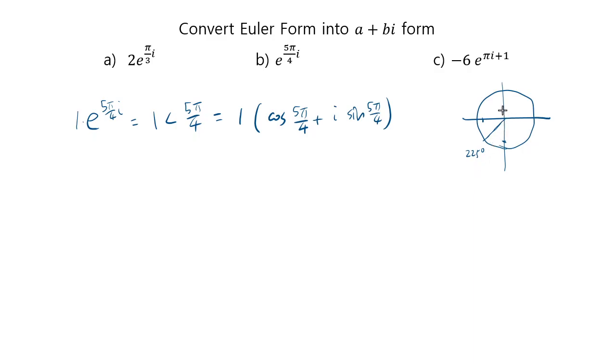And we know that if sine and cosine are the same, they both should have the value of radical 2 over 2, with plus or minus to be determined later. In this case they're both negative, so it's going to be 1 times negative radical 2 over 2 minus radical 2 over 2 I. So that will be your answer.